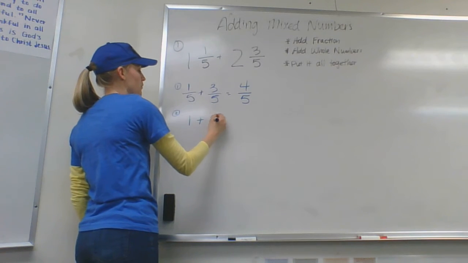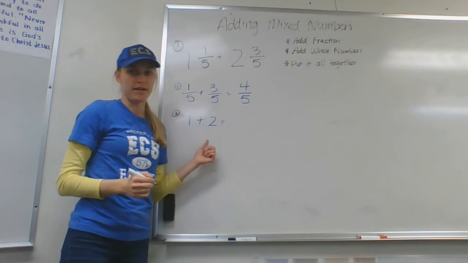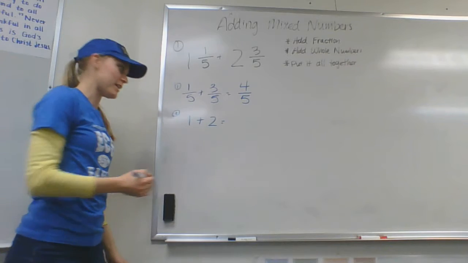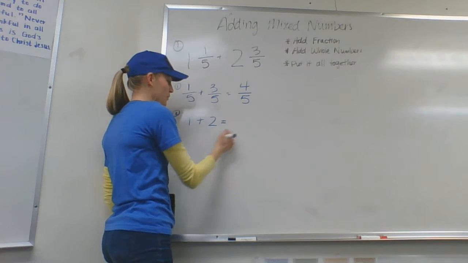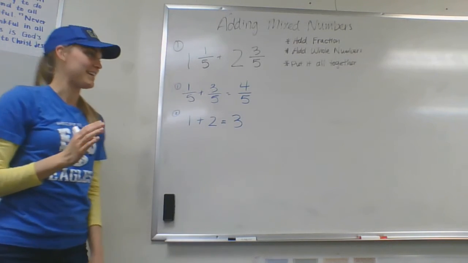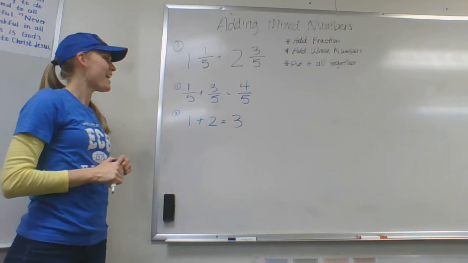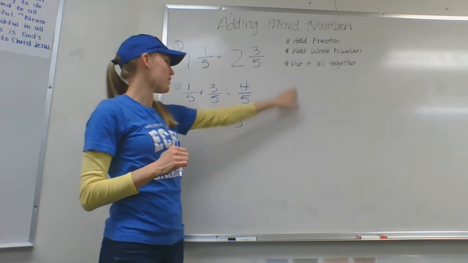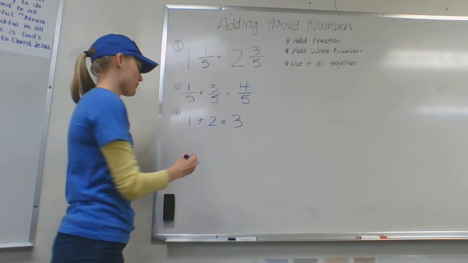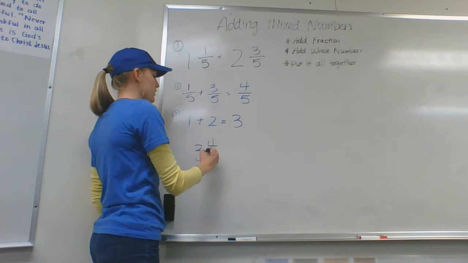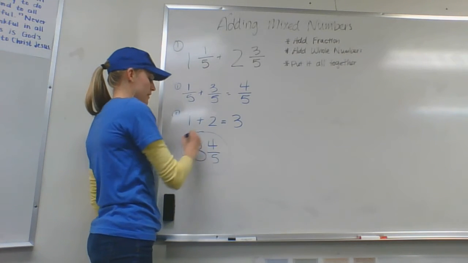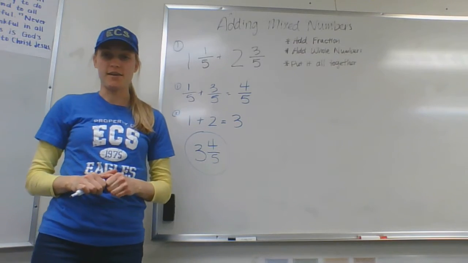So 1 plus 2, go back a couple years, couple grades, look at this one. 1 plus 2, 3. I know, challenging step. And then the last step is to put it all together. So we got our 4/5, we got our 3, we're going to put it together, 3 and 4/5. And that's how you add mixed numbers.